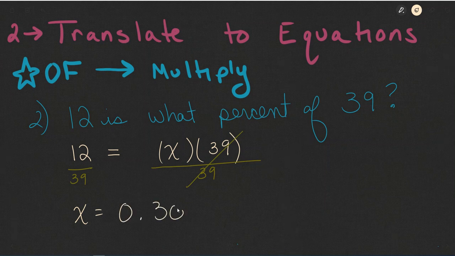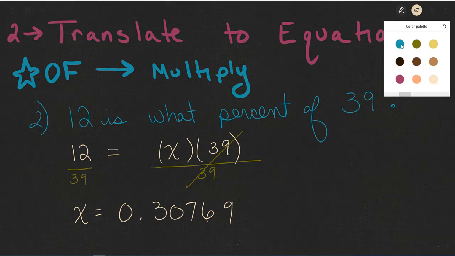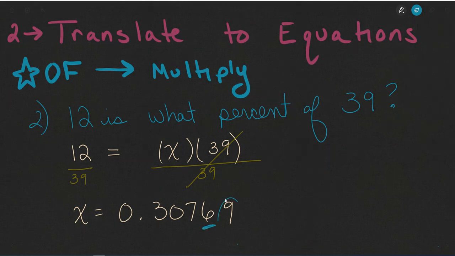Now this problem didn't specify where to round, so I'm going to round to 4 decimal places. If I round to 4 decimal places, I'm going to look at the 6 and see that this 9 makes the 6 come up. So it'd look like this, 0.3077. Well, the question asked what percent is 12 of 39.